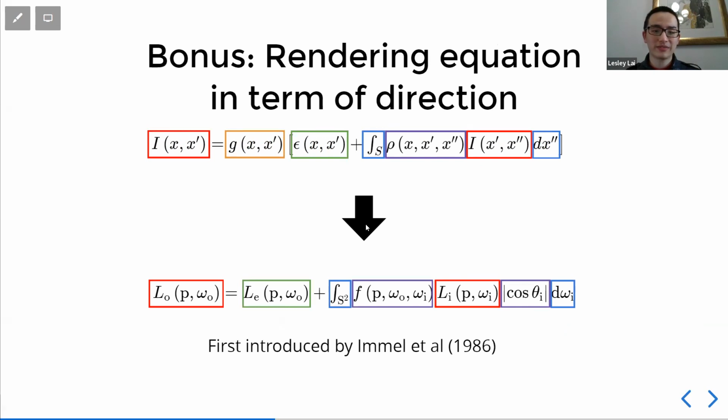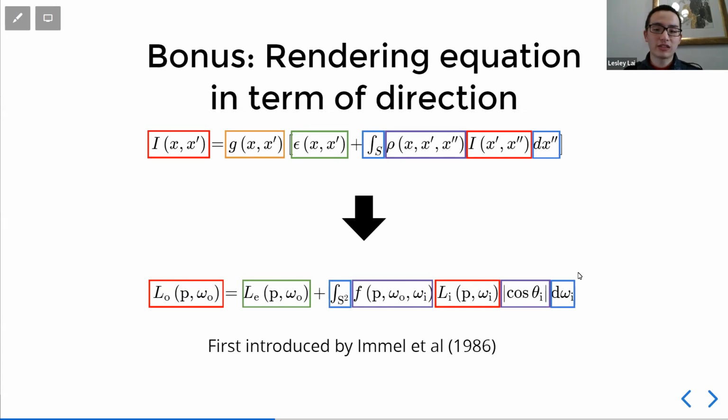But because it's just a bunch of boring algebraic manipulations, I don't think it will be very digestible on the slide. So instead I will talk about the rendering equation in terms of direction, which is not in the paper, but it's introduced in another paper in the same year that can be considered to have independently contributed to the discovery of the rendering equation.